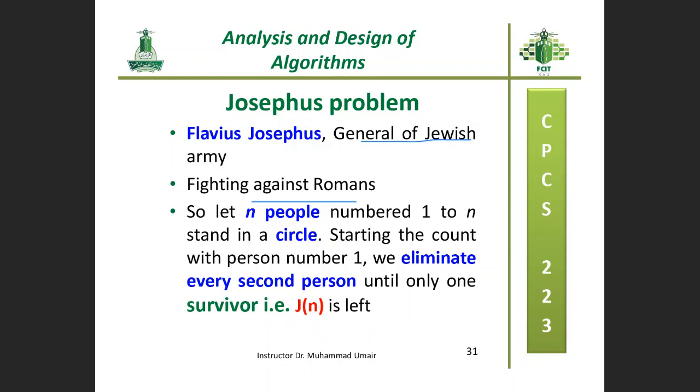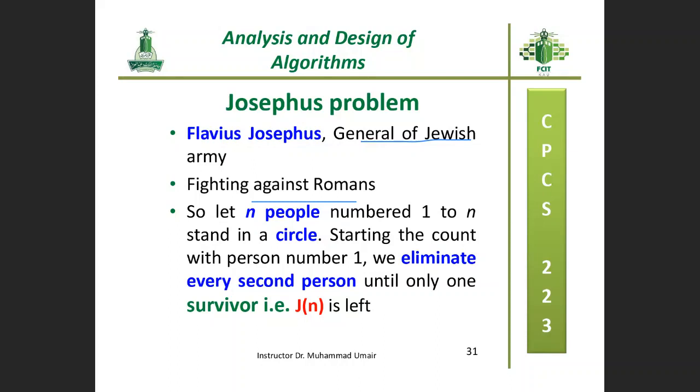He said, we will sit in a circle, and every person will kill his neighbor. Okay, and whoever is left, that will be the person who can go from here.